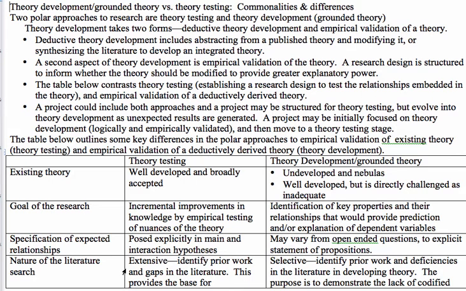For theory development, the goal of the research is to basically identify key priorities and their relationships so that we can look at a particular subject and make predictions as to where we think certain things are going to go. So, for example, if we were interested in creating a diversity awareness program, then we would want to know what types or components of that program are going to be most effective.